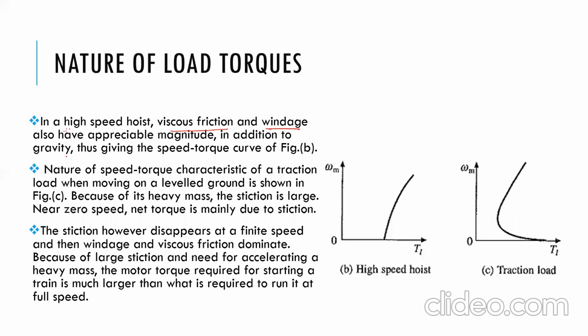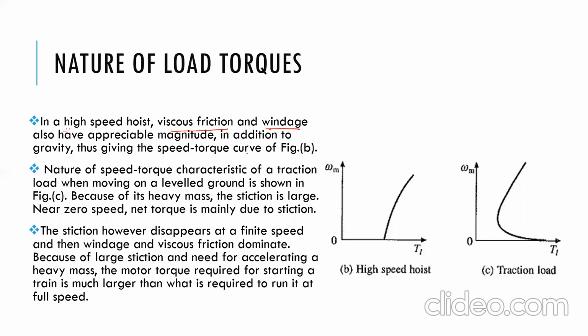But in case of high speed hoist, you have to consider gravity, and also friction torque. Viscous friction means the friction between the shaft of the motor and the metallic rope connected to its shaft. You have to consider that part also. And third is the windage, because the high speed hoist is running at very large speed, so windage loss must also be considered.